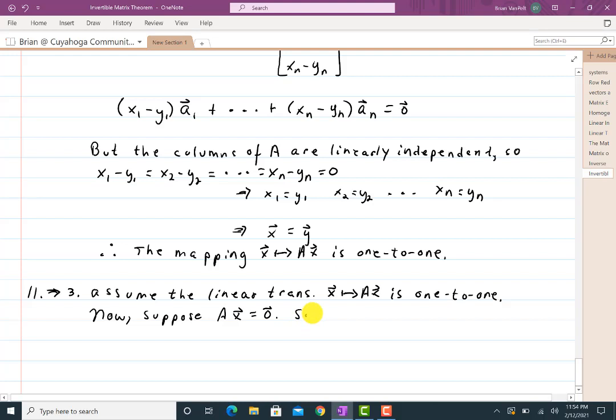Well, since A times 0 equals 0, we have that X equals 0 because the mapping is 1 to 1.